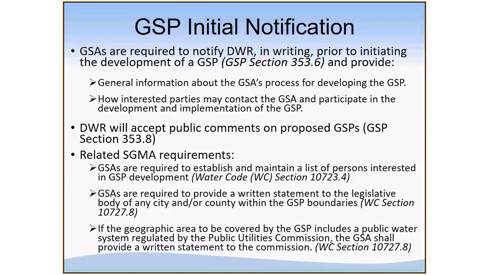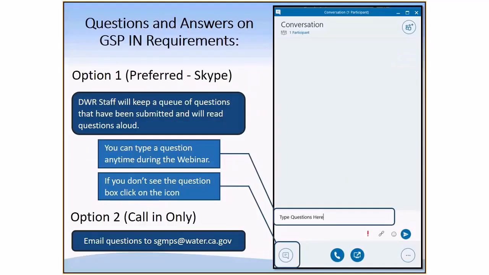Questions and answers on GSP requirements. With that, we'll pause and ask if anyone has any questions for clarification on the GSP initial notification requirements and what we've covered so far. So we'll pause here for a few minutes. And again, the two options to submit questions are, if you're logged into Skype, use the chat function in Skype.